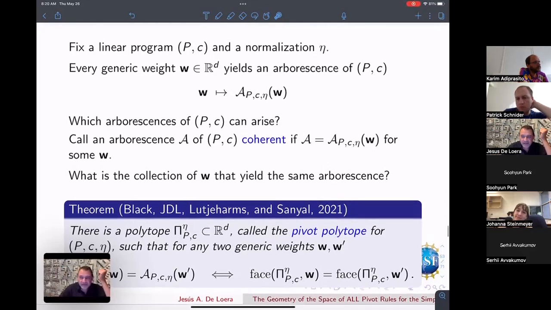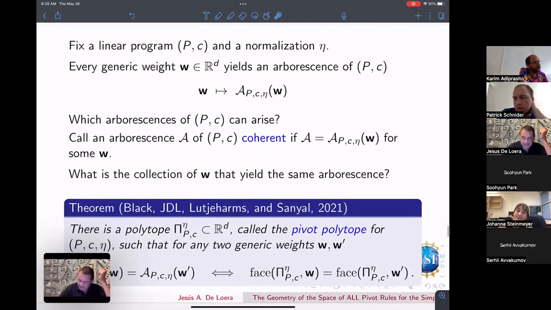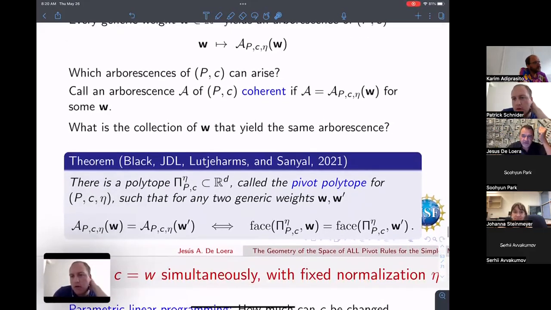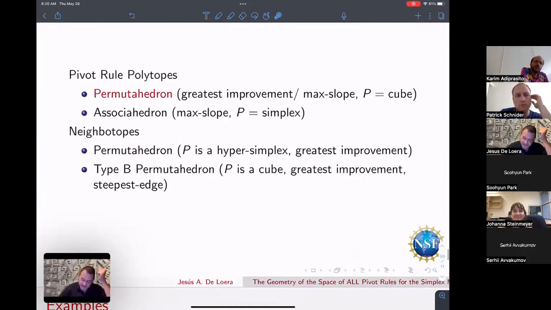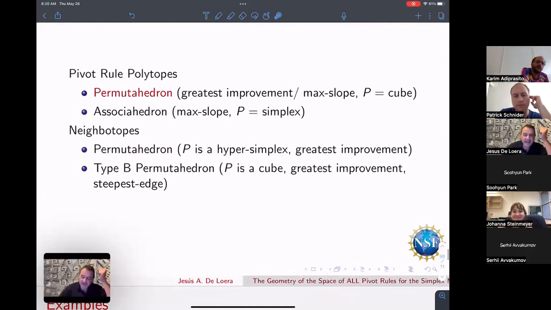Are there any other questions? If not, I'm going to show you one more thing that maybe you will like. If I take the pivot rule polytope, I get some nice combinatorics.